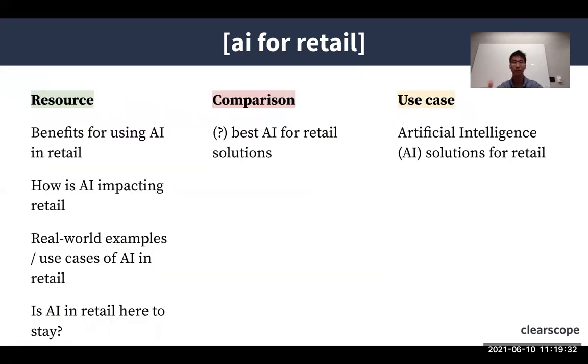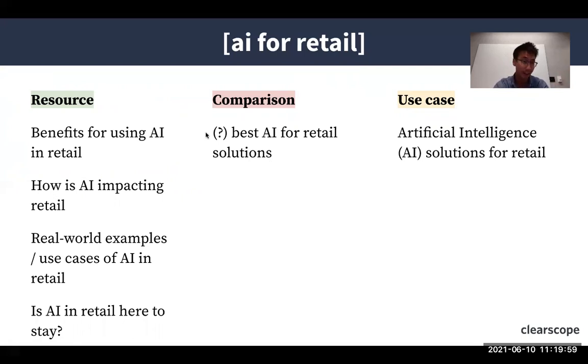So when we're looking at these different buckets, we no longer have that topic cluster bucket because we're not seeing everything you need to know about AI in retail. Instead, we're seeing the benefits of using it, how AI is impacting it, real world examples. And then somewhere on the second or third page, there was this idea of, is AI in retail here to stay, right? Is this trendy? Is this gonna stick around?